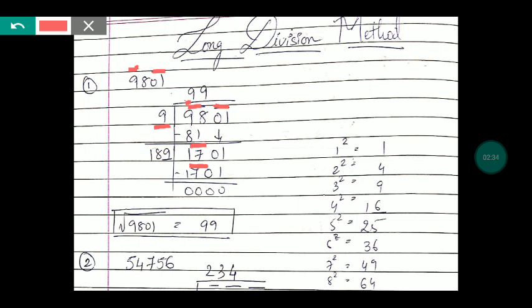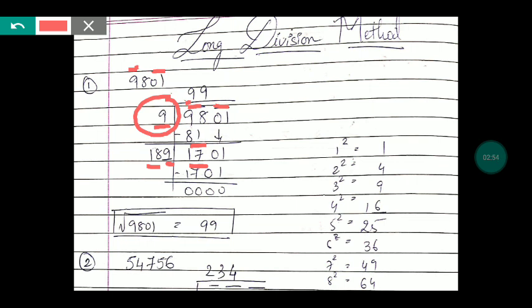Now, in the first place over here, you will take the double of your initial digit, that is 9. The double of 9 is 18, and you will leave one space for the new number.